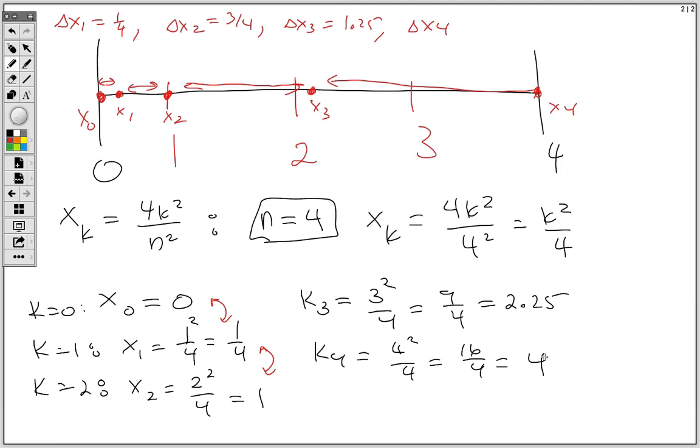And finally, delta x_4 is 4 minus 2.25, so that's 1.75. Right? So this is not a regular partition. They're not chopped up into equal pieces. So this will be convenient for us when we take f of x_k, but then the delta x_k is going to be a little messy.